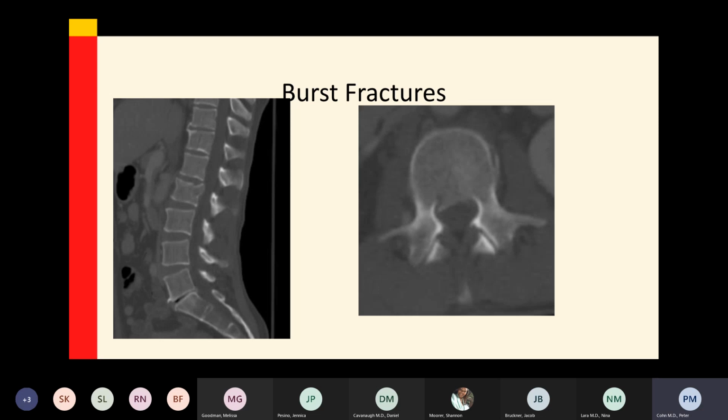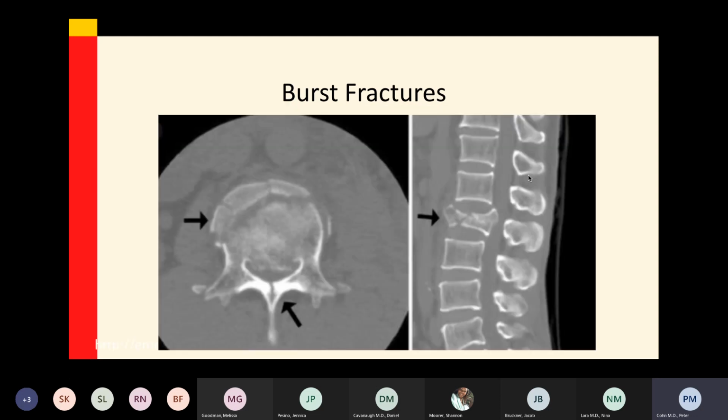This might be considered a more mild burst fracture here, where you have very minimal height loss and minimal encroachment of that posterior vertebral wall into the canal, whereas a fracture like this appears more severe initially. There's more collapse. There's more encroachment of that posterior wall of the canal.